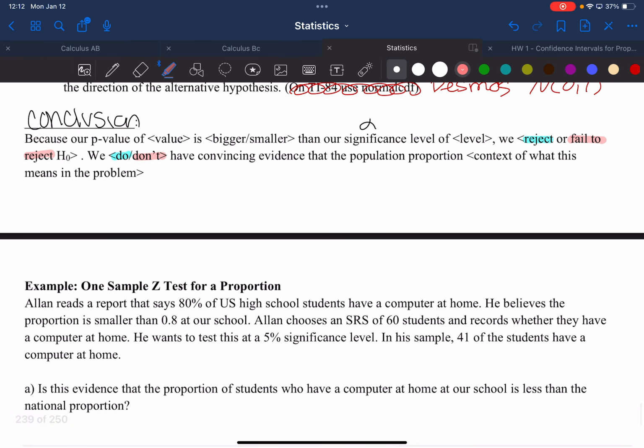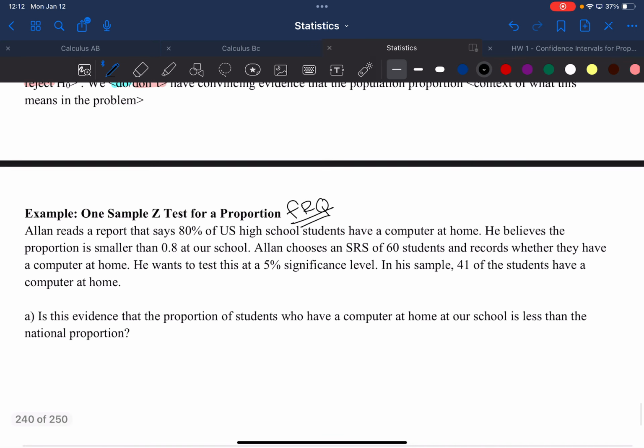Okay, any questions on the 4 C's? Okay. So this next part, the last part of the notes, is going to give us an example FRQ. You are going to use the setup that we use on the notes here to answer your homework problems. Okay.